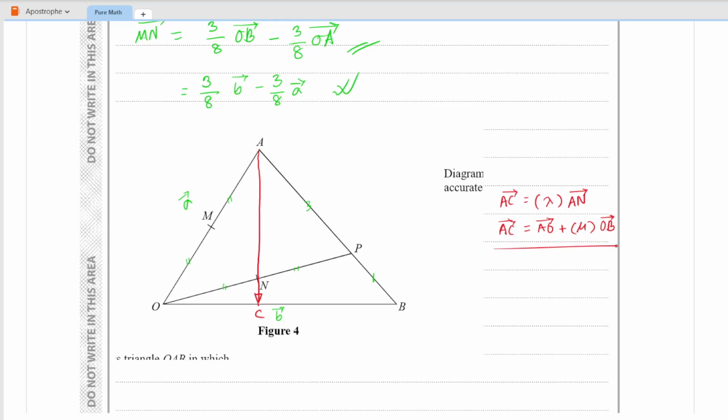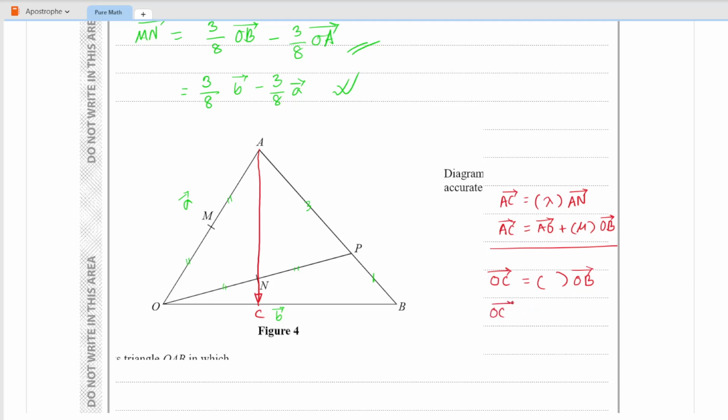Another way could be, instead of AC we take OC, but remember you have to take a vector that has unknown values in it. Okay, because we were told to calculate OC. If we take OC, we reduce one step. So we can say OC is equal to something multiplied by OB. That is one way.